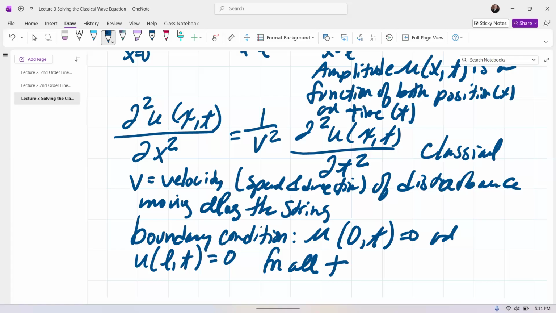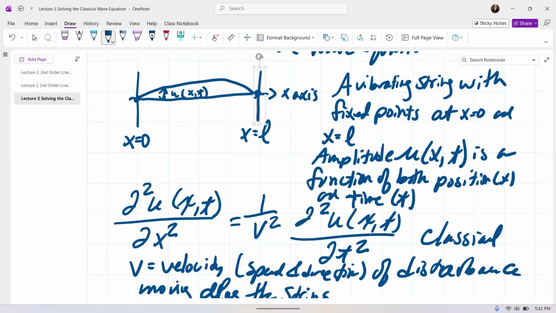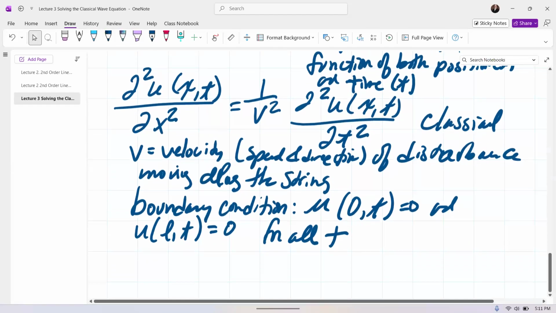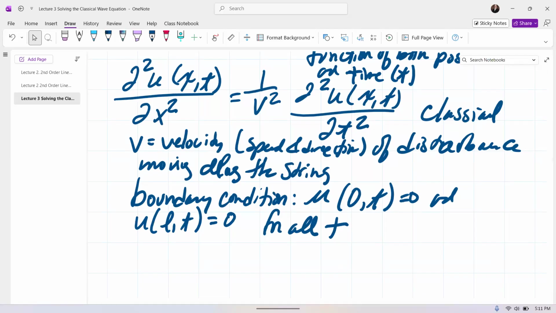Okay, so what this means is u of 0,t equals 0 and u of L,t equals 0. Just looking at the picture, what that means is that the displacement at the ends is always going to be 0, and that will be true anytime. It's not varying in time. We have simply written that in a more mathematical way. In other words, the ends of the string are always fixed.